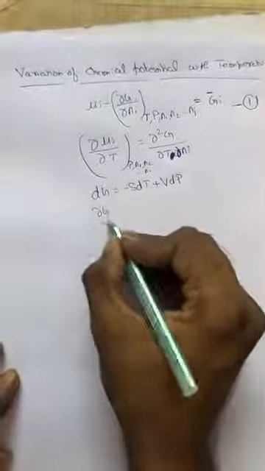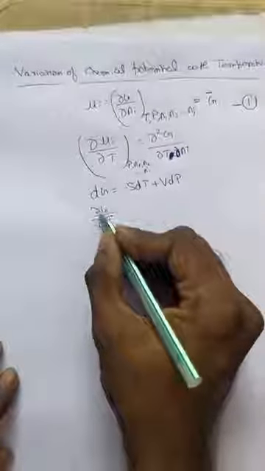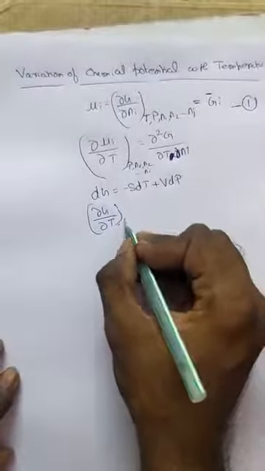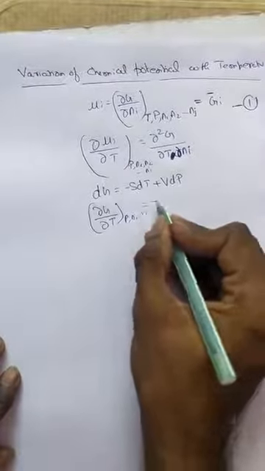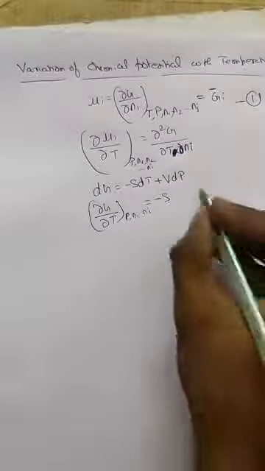If I differentiate this equation with respect to T, that will become ∂G/∂T at constant pressure and constant N1 up to Ni, which is equal to minus S. Let me take this as equation 2.